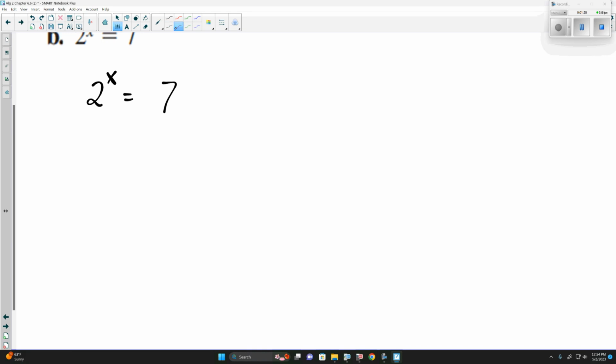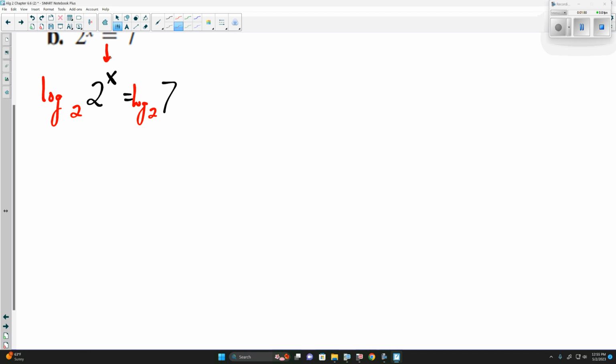Now, what we can do instead is apply a logarithm to both sides. We're not just going to use any logarithm. I'm going to use log base 2, and mainly I'm using this because we only have a variable in one of the exponents.